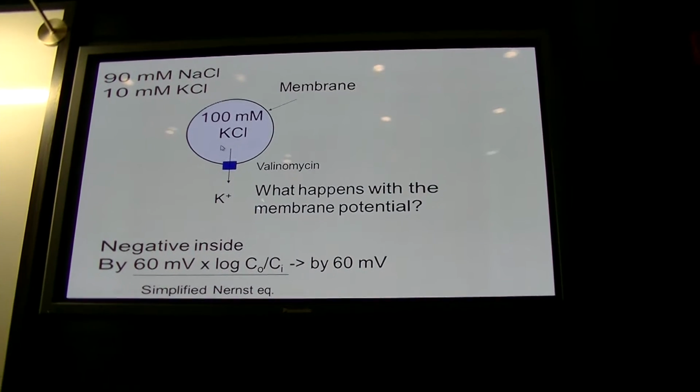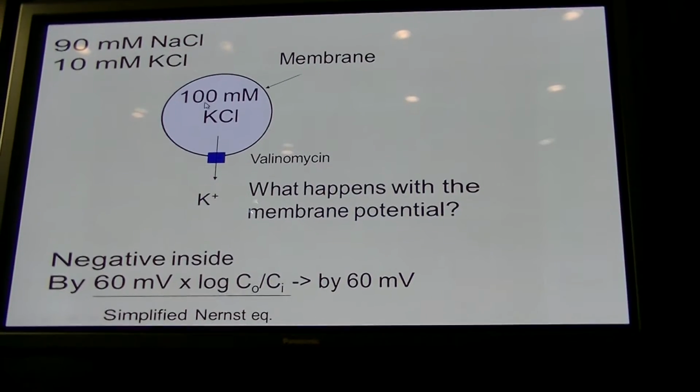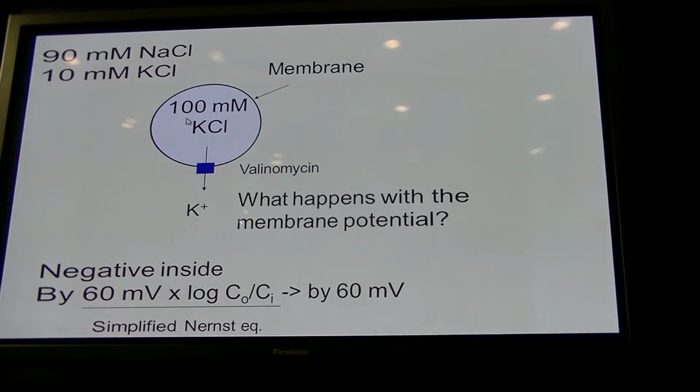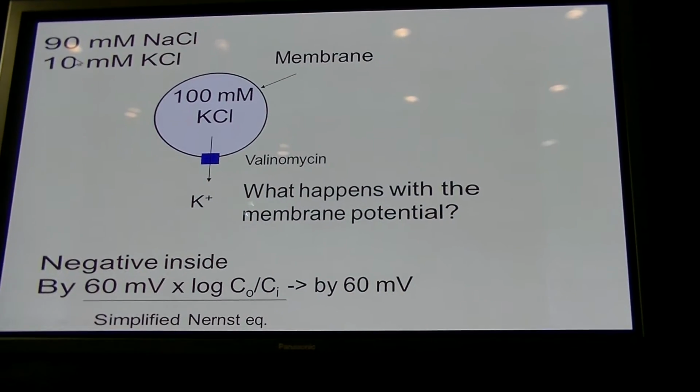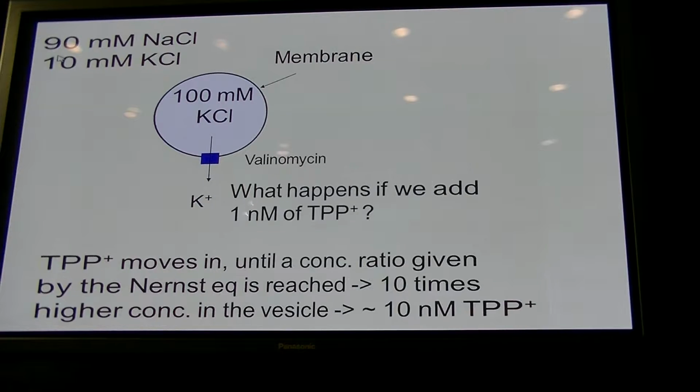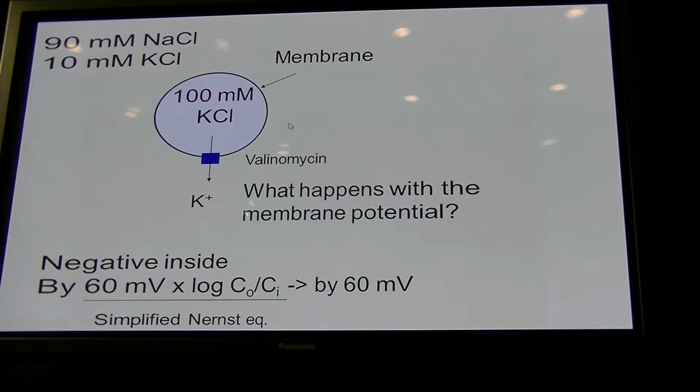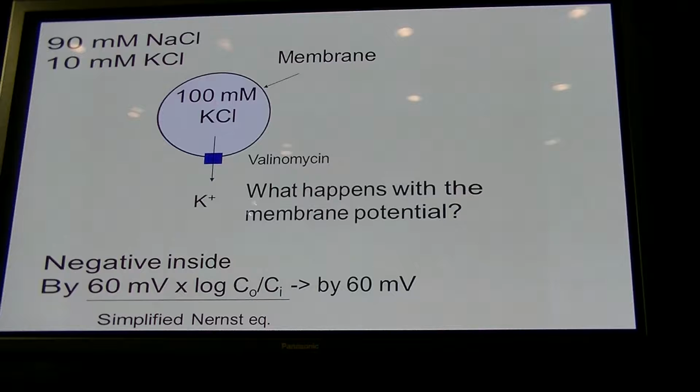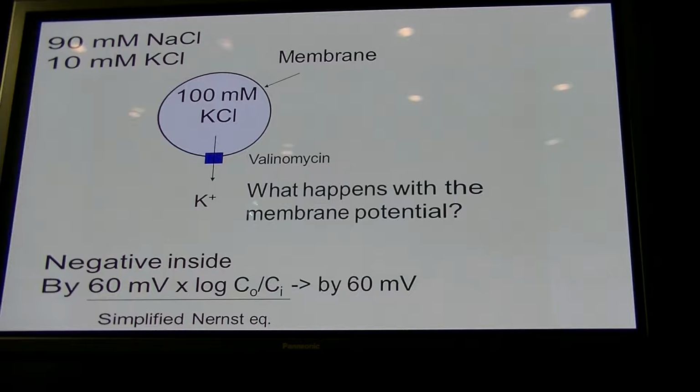If we produce a vesicle enclosed by a membrane with high potassium inside and low potassium outside, a 10-fold concentration ratio here, then if we add valinomycin, we have to remember that valinomycin is an ionophore that carries potassium. Similarly, you should remember that nigericin exchanges potassium for protons.